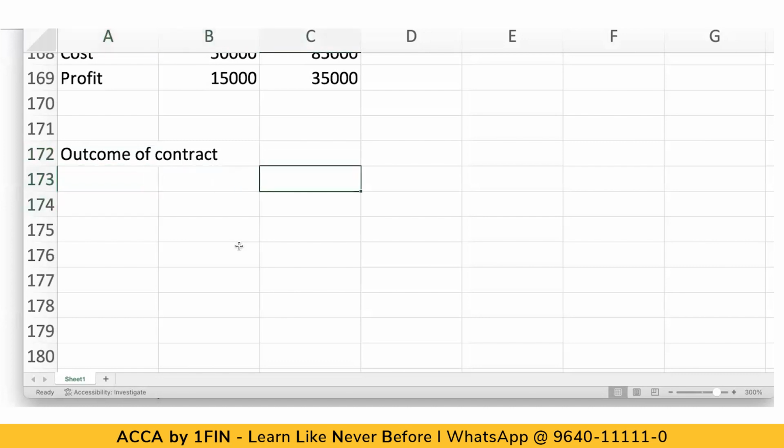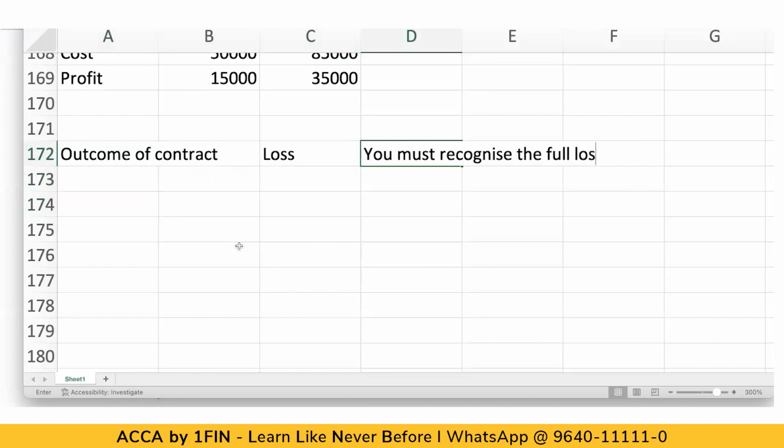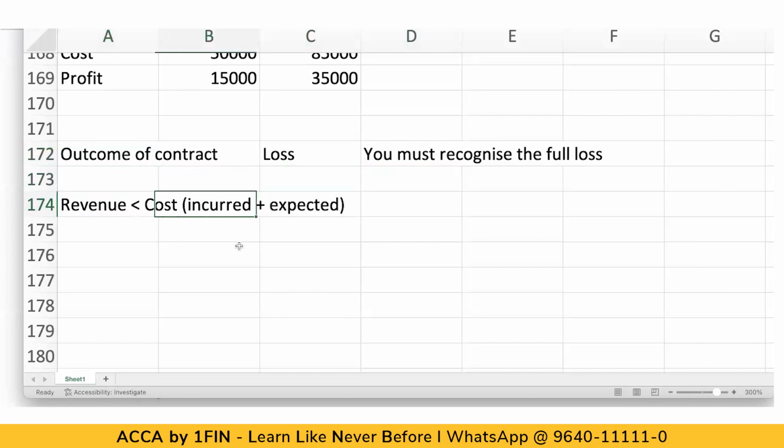If the outcome of contract is loss, you must recognize the full loss. Meaning to say, if revenue is less than cost incurred plus expected, then we say outcome is a loss. The entire loss has to be recognized. Now here, price of contract is 8 million.